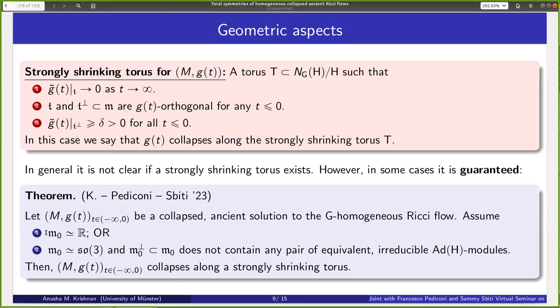So when it's SO(3), then the one-dimensional torus could change. Exactly. What is special about SO(3) is you can assume the flow is diagonal on M0, and then you use the result of Pediconi that the limiting space on which the metric is going to 0 is abelian.